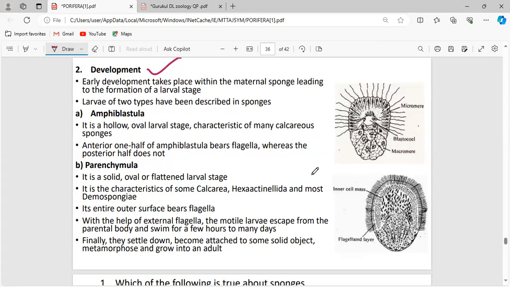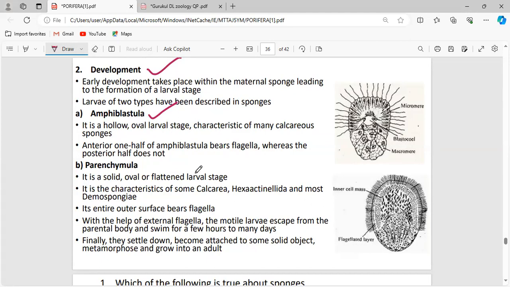If a larval stage is involved in the life cycle, it is called indirect development. If there are no larval stages, the young ones give rise to an adult just by increasing their size, which is direct development. Clear?